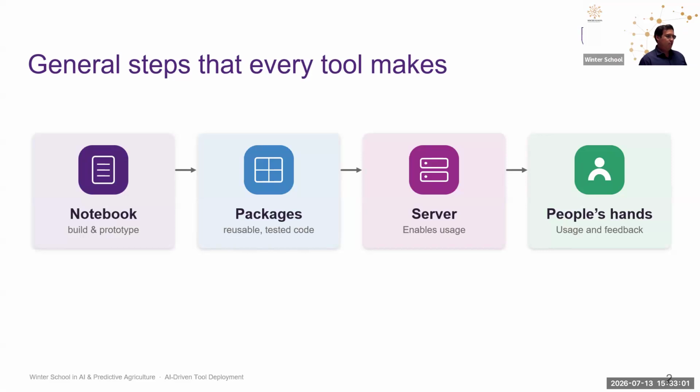Then you move into packages, where you're doing reusable, tested code. Then you move to a server, which is a virtual machine enabling the usage of those packages and functions that you have created. And finally, once the application is live and in production, you give it to people and start getting usage statistics, but also potential feedback.